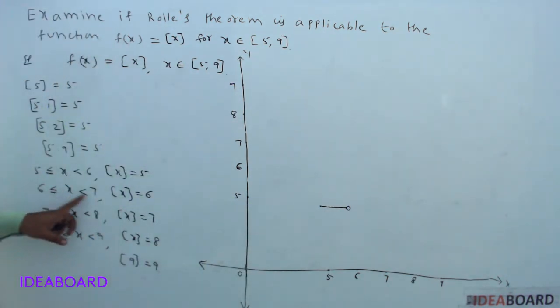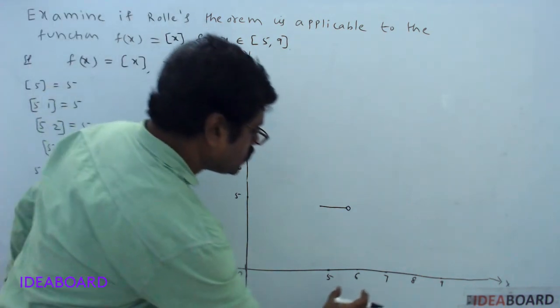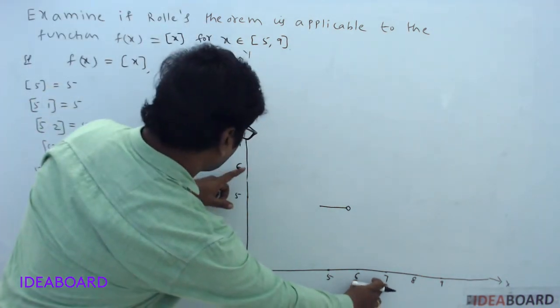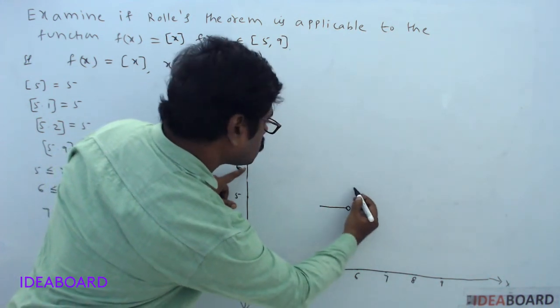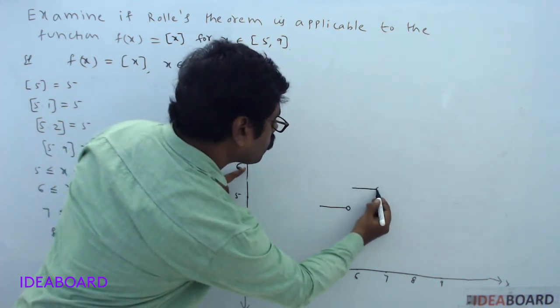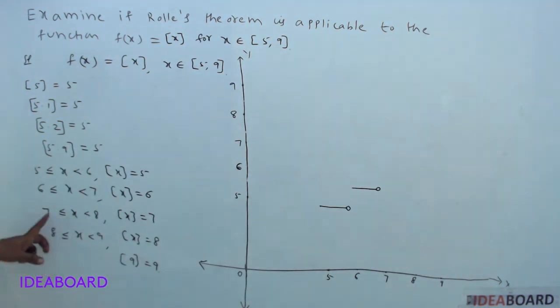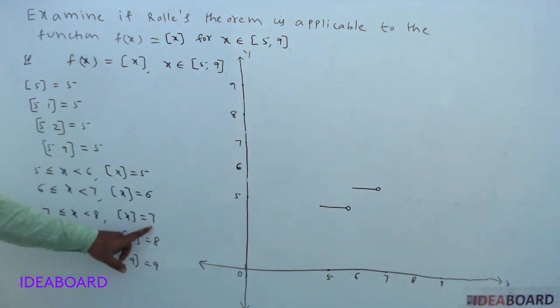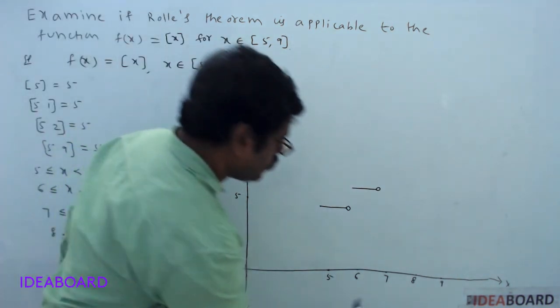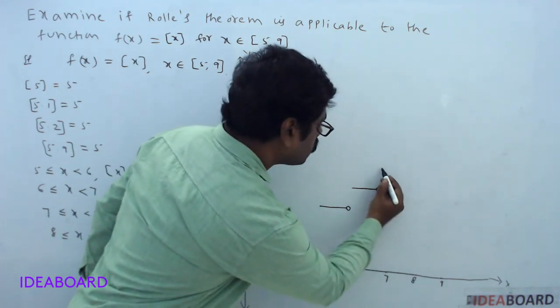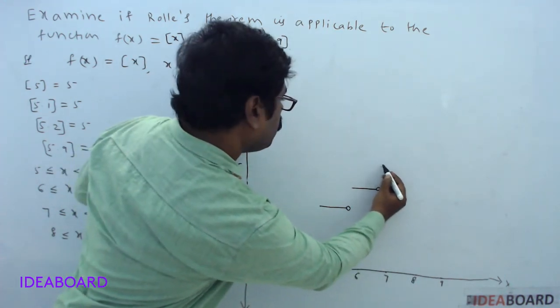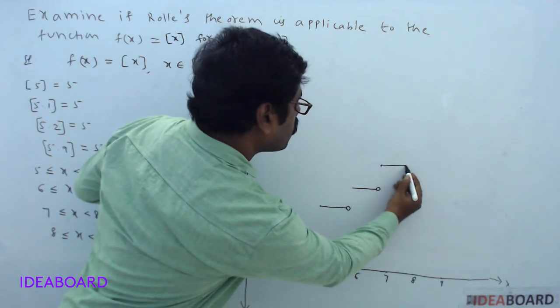Next, from 6 to 7, step of x value is 6. So from 6 to 7, corresponding step of x value is 6. Next, from 7 to 8, corresponding step of x value is 7. So from 7 to 8, corresponding step value will be 7.